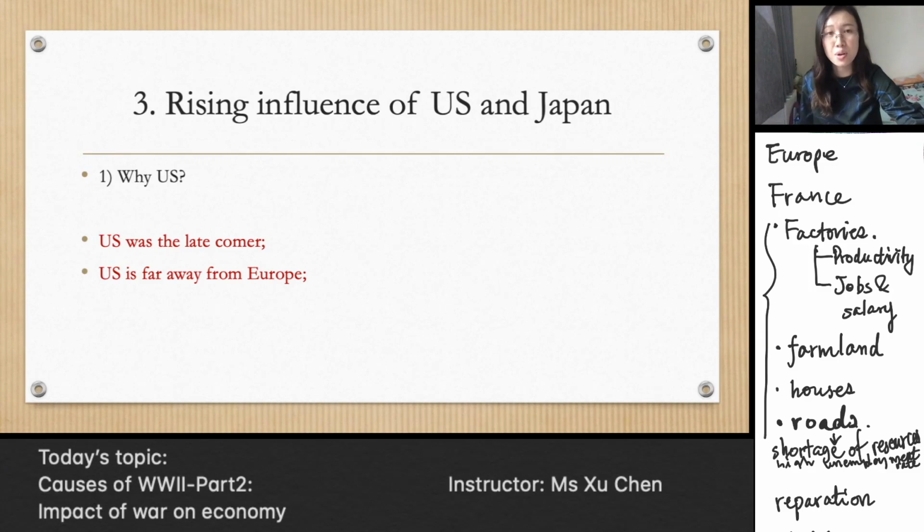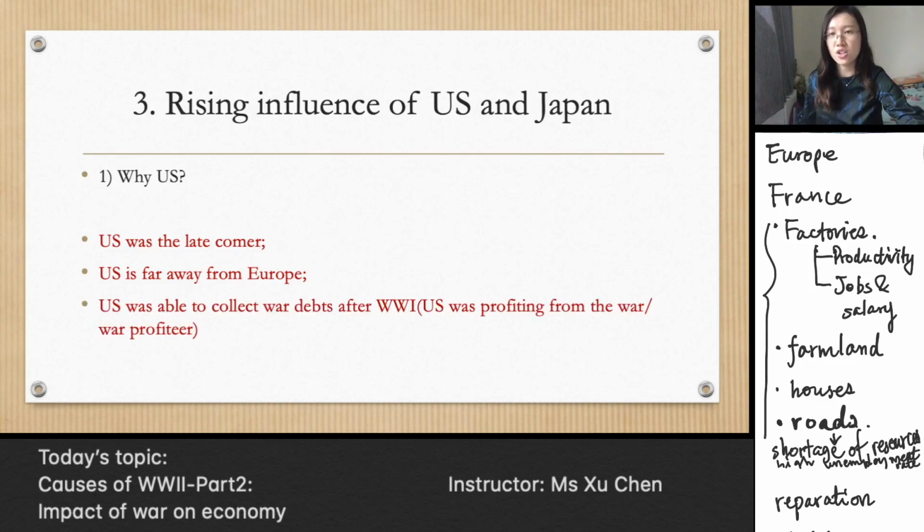But the US, since they were not on the European continent, they were far away from it. That means they can have a very peaceful and safe life back in their country. And next, of course, the US was able to collect war debts after the First World War. They were profiting from the war, the war profiteer.